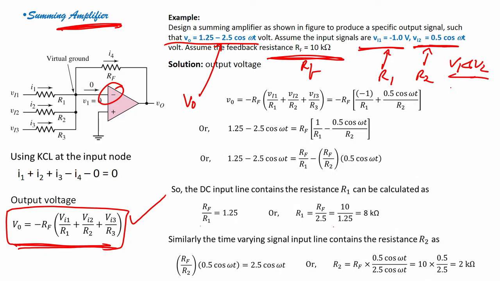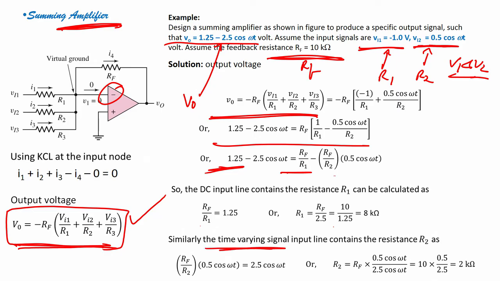So, life becomes very easy, because we have to just substitute the values and solve it. This is the DC input line, this is the resistance R1 that the DC input line contains, and then we see the time varying signal, and it is related with this particular signal. So, then we can find the value of R2. Thus, R1 and R2 are very easy to find.